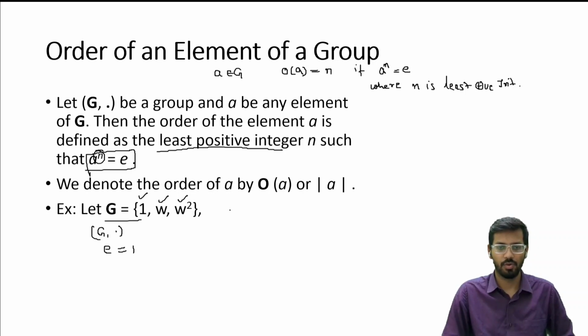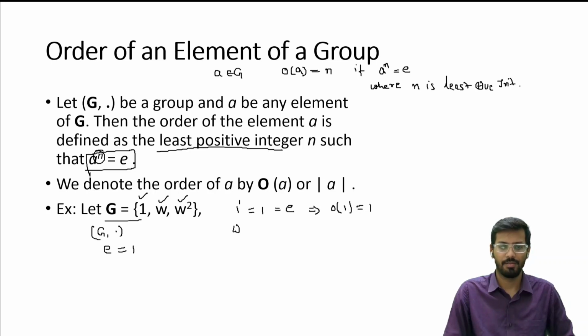If we operate, 1 raised to power 1 is equal to 1, that is equal to identity element e, then we can say order of this element a, or order of this element 1, we can put 1 here. So order of 1 is equal to 1.